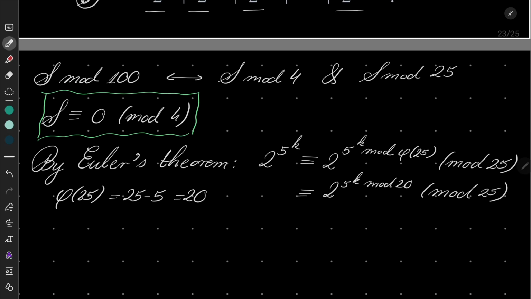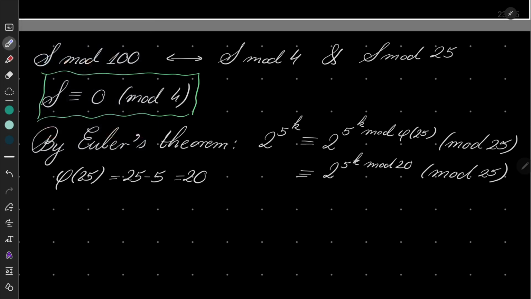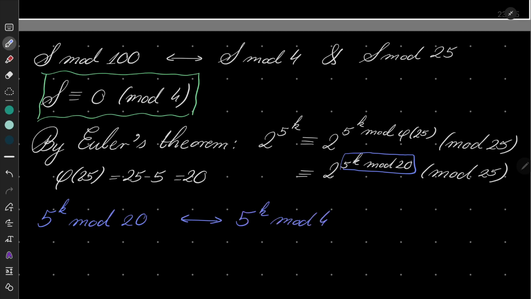And now to go forward, we have to simplify 5 to the power of k modulo 20. So let's do exactly that. Again, by the Chinese remainder theorem, 5 to the power of k modulo 20 is equivalent to finding it modulo 4 and finding it modulo 5.